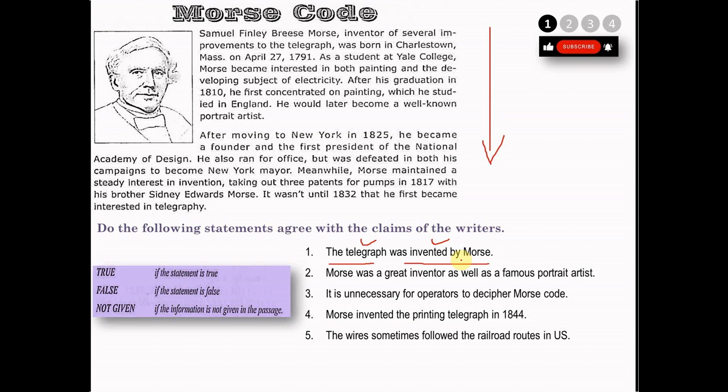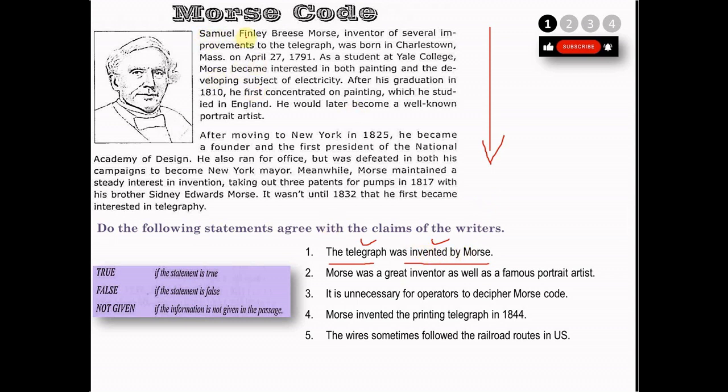And in which condition will it be treated as false? When the information given in the passage is contradictory to what is being asked. What would be the contradictory information? Like Morse only improved the telegraph, or revamped, or modified it. So without wasting much time, we will apply this question on the passage.